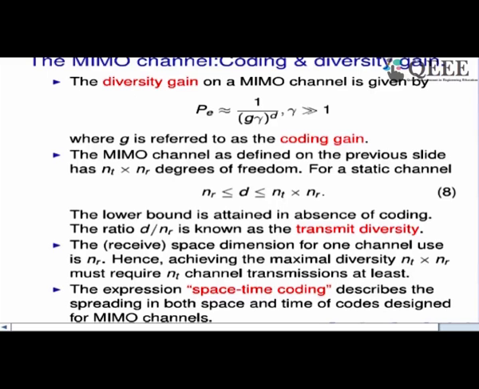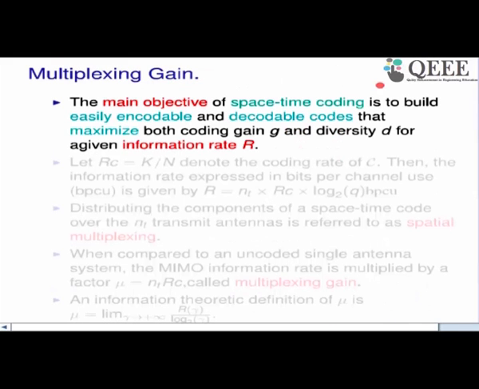You have to replicate or add redundancy through a code in both space and time. That gives you the concept of space-time codes. Now, the main objective of space-time coding is to build easily decodable codes that maximize both the coding gain and diversity gain for a given information rate.